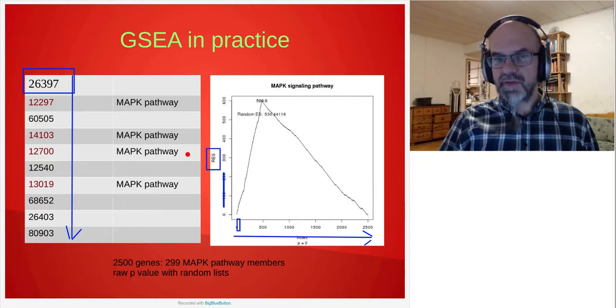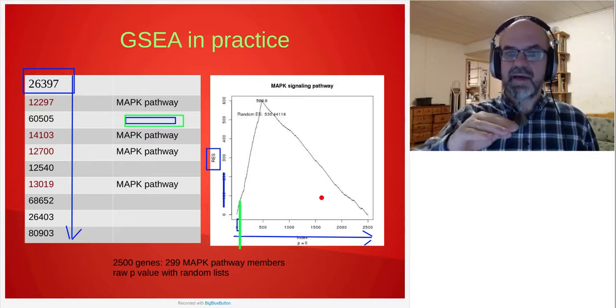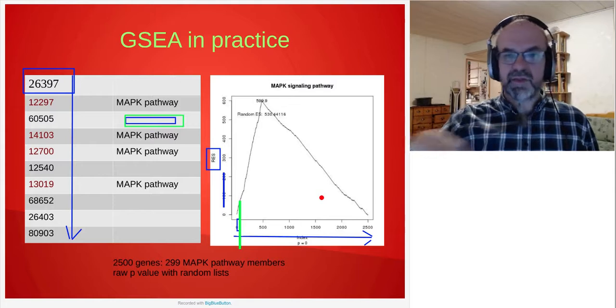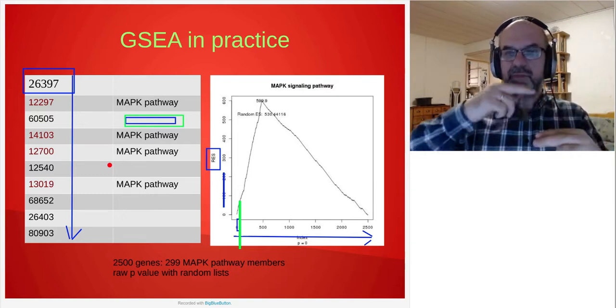And when we observe a gene where this is missing, okay, I will make it a different color, so this is missing, then we go down. That's why it's called a running enrichment score, because you are always taking into account the previous value.